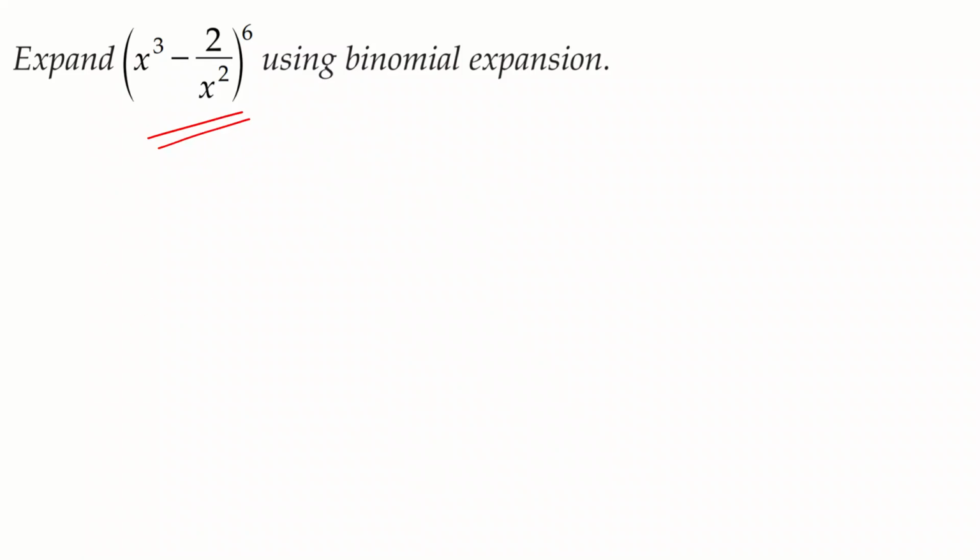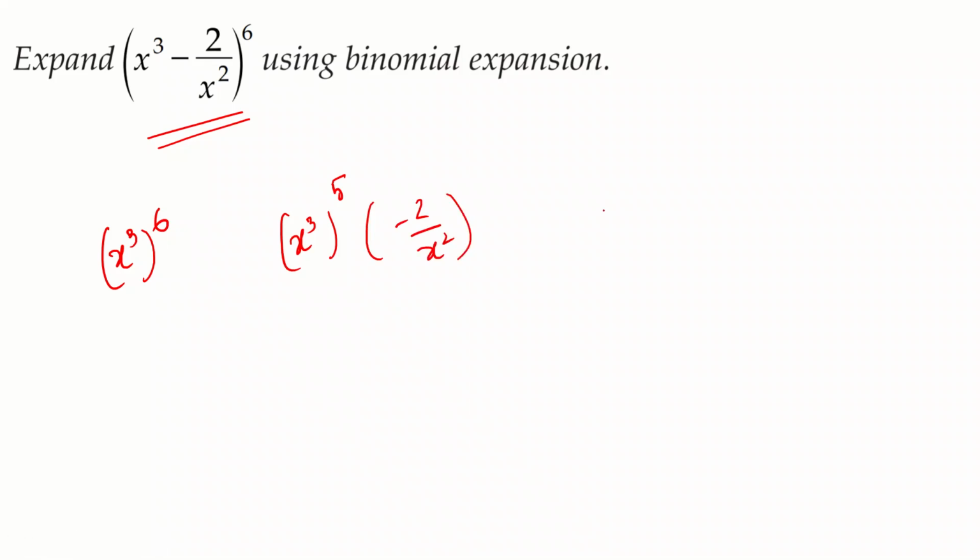So the first term will be x cubed raised to the power of 6, and then minus 2 by x squared. The x cubed power is reduced to 6 minus 1, and for the second term minus 2 by x squared is introduced. Then x cube's power will be further taken down to 4, and minus 2 by x squared's power will increase.